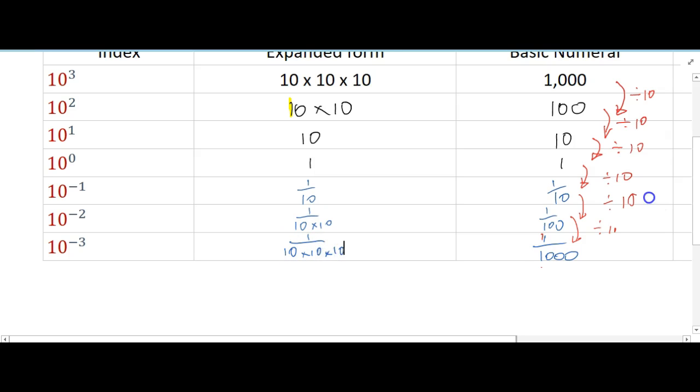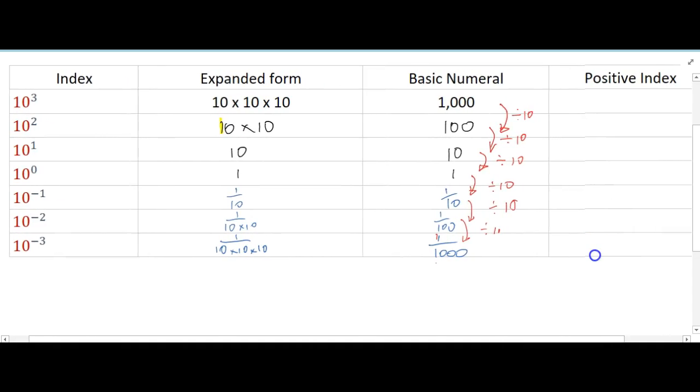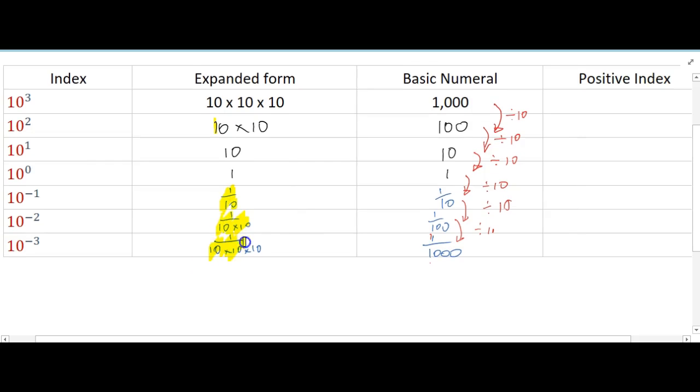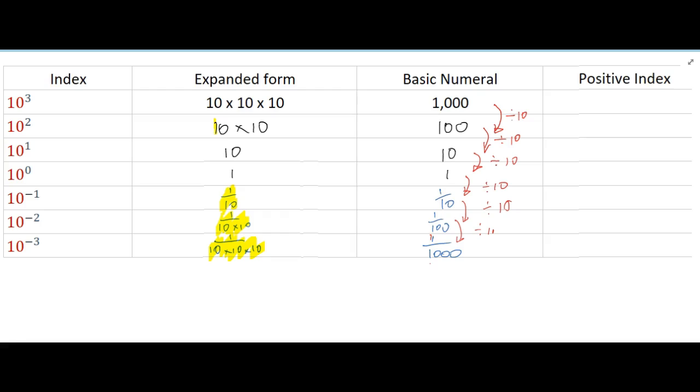Any negative index number can be expressed as a positive index, and hopefully this expanded form shows you the connection between the negative form and the positive form. It's 1 over the positive. So if you look at this 1 over 10, that's 1 over 10 to the power of 1.